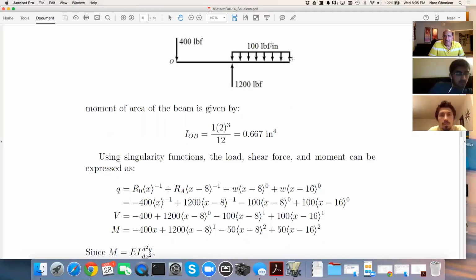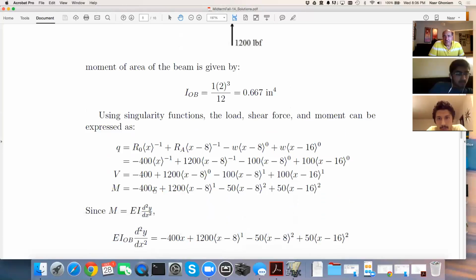And then we have to terminate it at the end by taking plus W times x minus 16 to the 0. So these two step functions, one starts, one ends the distribution. And then we integrate once to get V, integrate twice to get M, no constants in this integration.